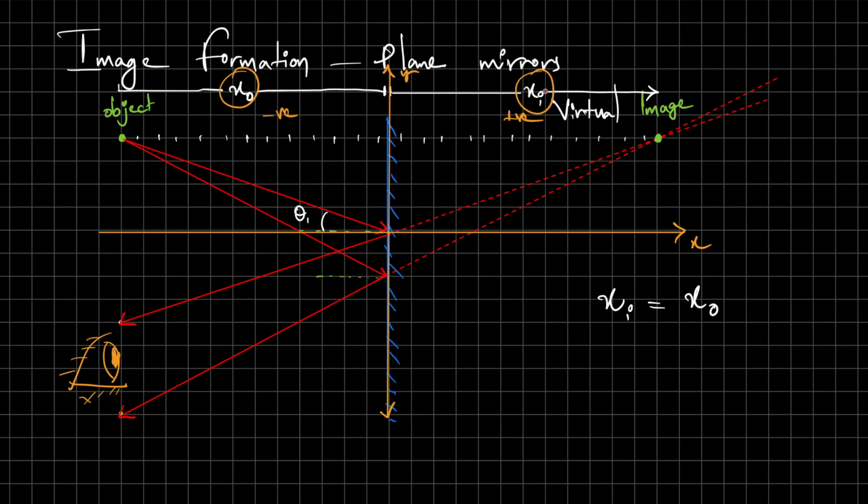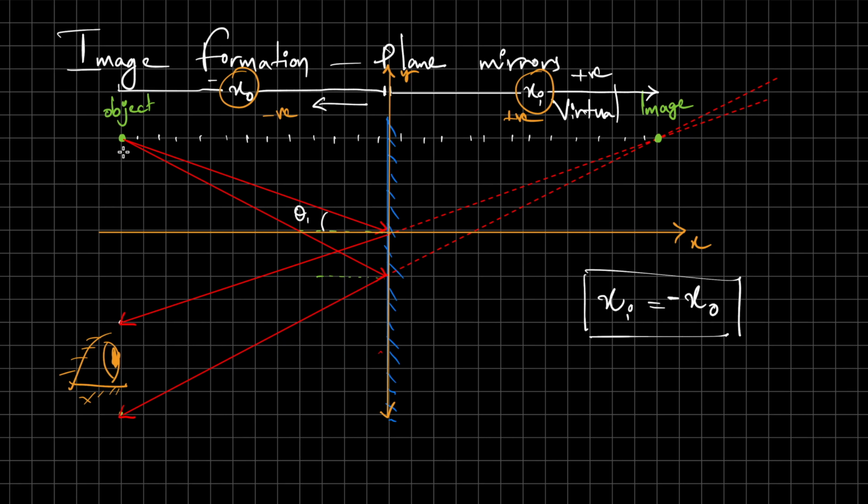XI, the image distance, is measured from the mirror to the image, and that is positive. Whereas the object distance is measured from the mirror to the object, that's going to the left. So it's negative. XO is negative. So we need to put a negative sign. And that's the equation connecting image distance and object distance for a plane mirror. XI is equal to minus XO. Height of the object should be same as height of the image as well.